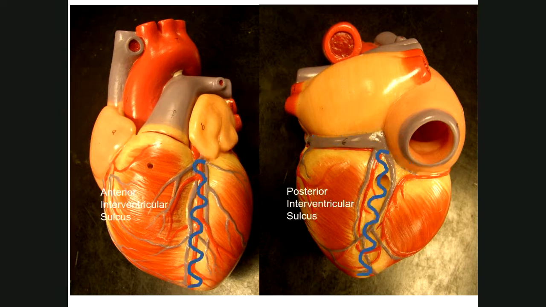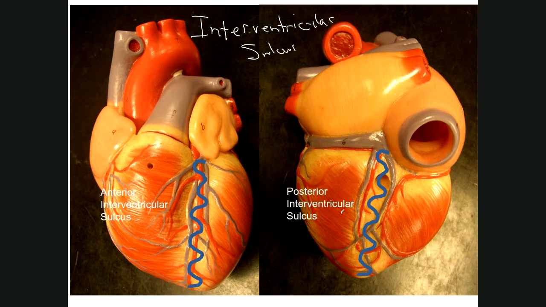We also have a groove that separates the two ventricles on both sides. So this groove here is between ventricles, and so we call it the interventricular groove, where inter means between. Now another word for groove is sulcus. So they're also sometimes called sulcus.